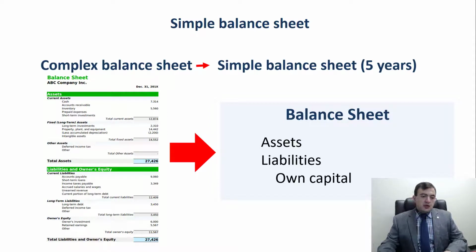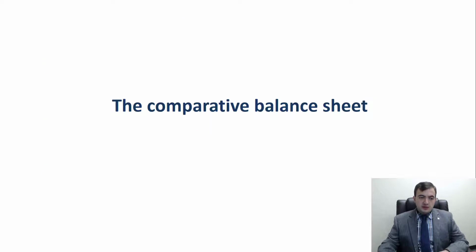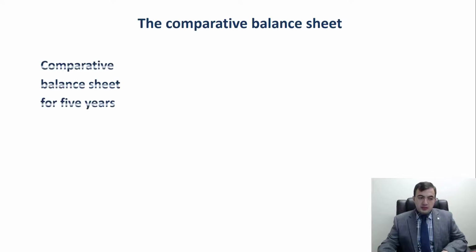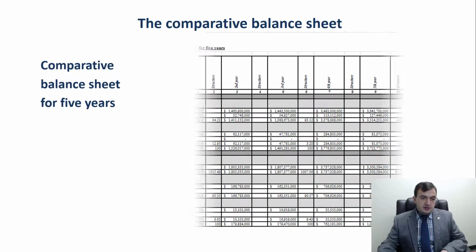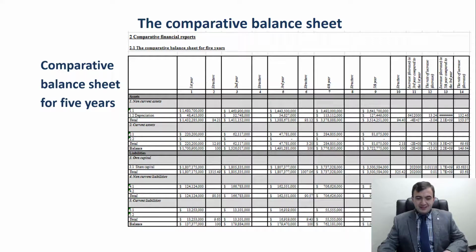So when we have this information for particular years of the company that they reported, the next step we can do is go forward and create the comparative balance sheet. So if we have 5 years of individual simple balance sheets, we can put them together in this big table. It looks complicated, but actually it's not.